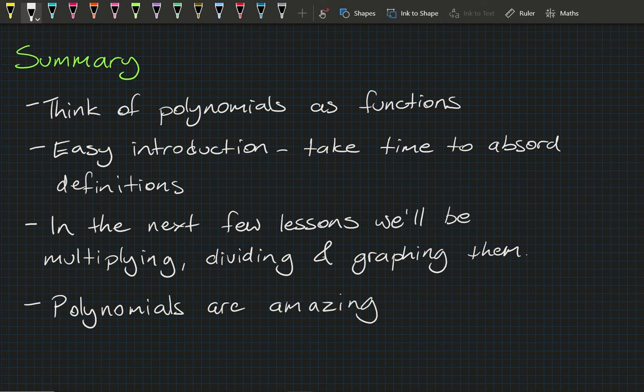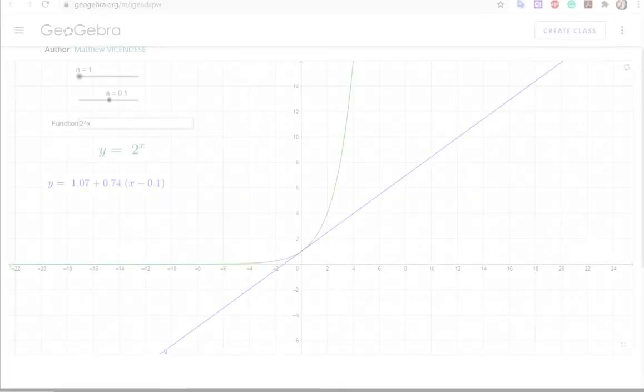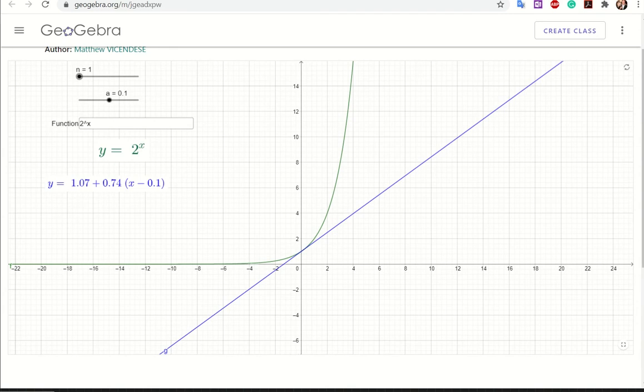If you indulge me for 2 minutes here, I'm going to show you that in a few years from now, you'll be able to do things like I'm about to demonstrate to you on this GeoGebra applet. And that is graphing any function you can think of using polynomials. I mean, how do you think a computer can graph such complex functions?